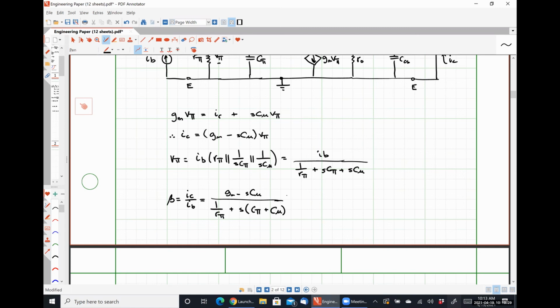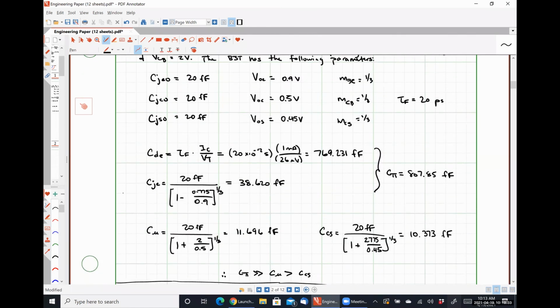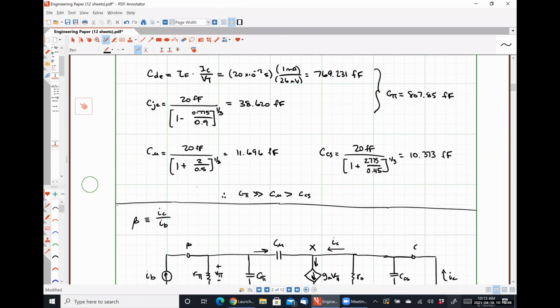Our capacitance C mu, we scroll back up here, we saw that it's on the order of femtofarads. Arguably, if the true base emitter zero bias junction capacitance were 20 femtofarads, we might see this guy fall into the hundreds of attofarad range.